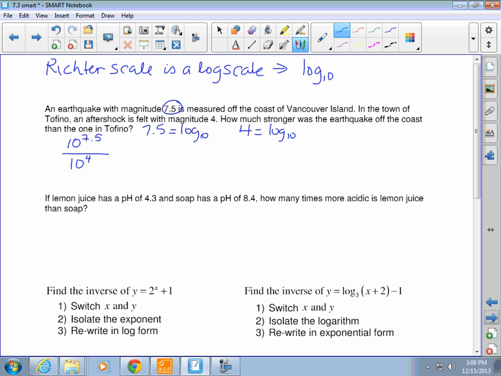When you're dividing with exponents, you need to remember that you subtract the exponents. So 7.5 minus 4 is equal to 10 to the power of 3.5. So it's 10 to the power of 3.5 times stronger, or if you actually evaluate this, this would be 3,162.3 times stronger.